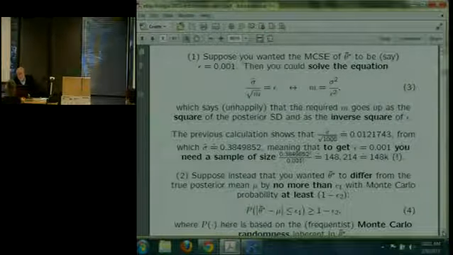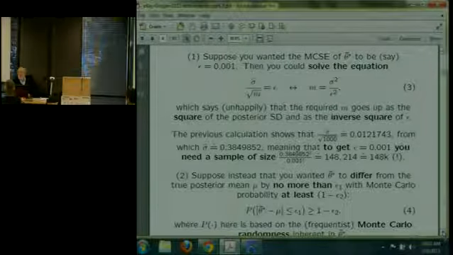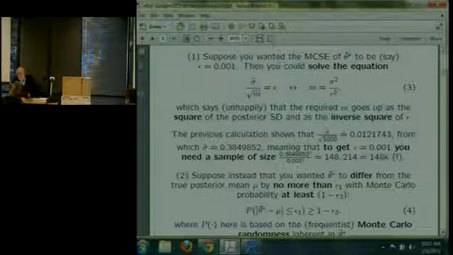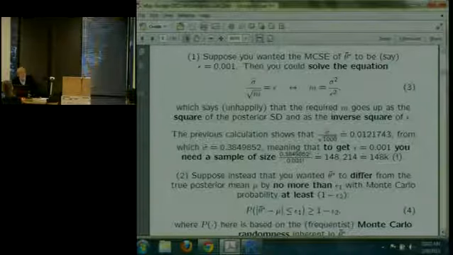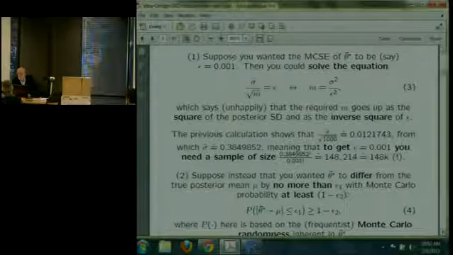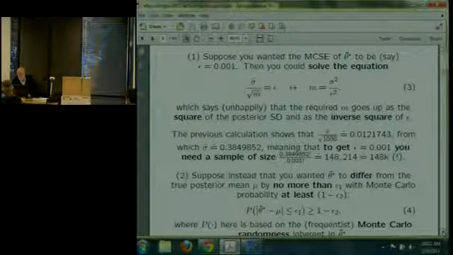What it says is that the smaller epsilon is, the bigger Monte Carlo sample size you need to be able to get the accuracy you want. And what's worse, that idea of the tolerance goes in as the square of the small number in the denominator. So this is part of the square root law for how uncertainty goes down. And also, your uncertainty is driven by the posterior standard deviation.